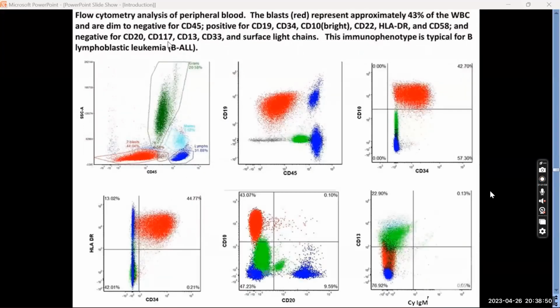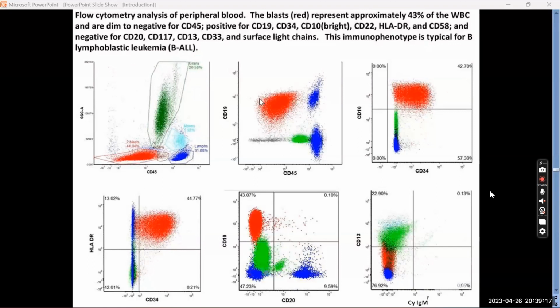Yeah. So now this is a case where you are finding the blast population in red. Now I do have an internal control for CD19, which is my mature normal B lymphocyte, my positive internal control. This population, which is negative for CD19, is my normal negative internal control, which is T lymphocyte.